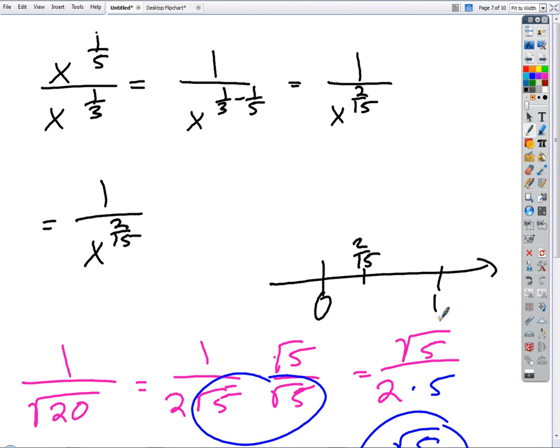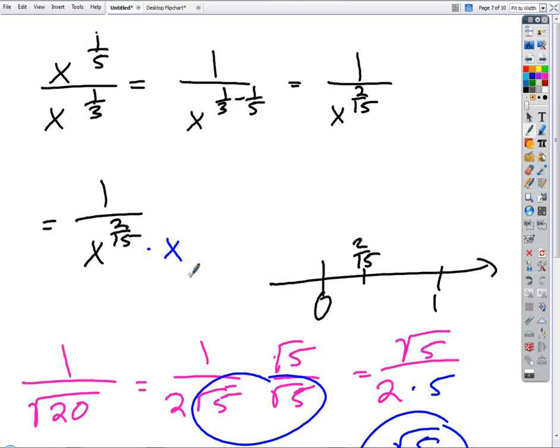Well, remember, when we multiply like bases, we add exponents, right? So what we're really trying to do is increase that exponent from 2/15ths up to 15/15ths, up to 1, right? How do we increase an exponent? We just multiply by the same base, so we can add exponents.